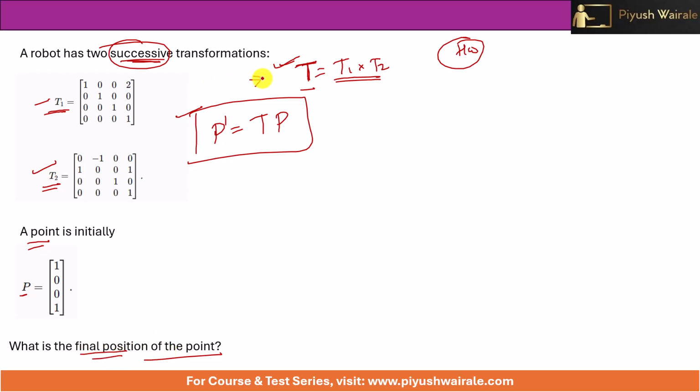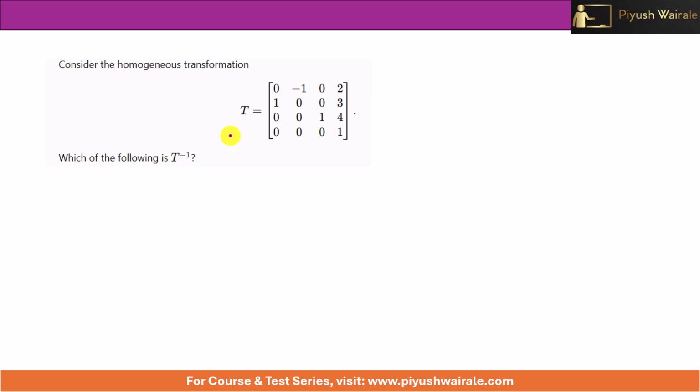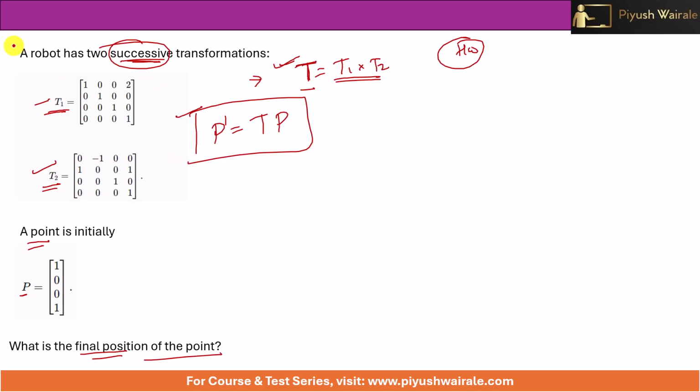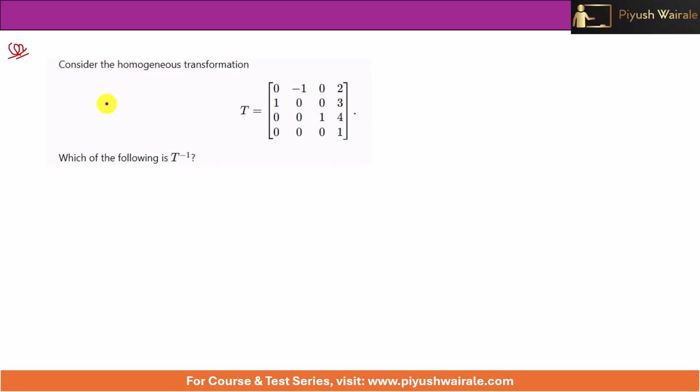First find the T, then use that T. We have the P, we have the T, we just need to do a matrix multiplication to get the value of P dash. That's it. Simple concept, so you can do the calculations. Now next, question number 2. Question number 1 is a homework question for you, you can try it out. Question number 2 is also a homework question for you.